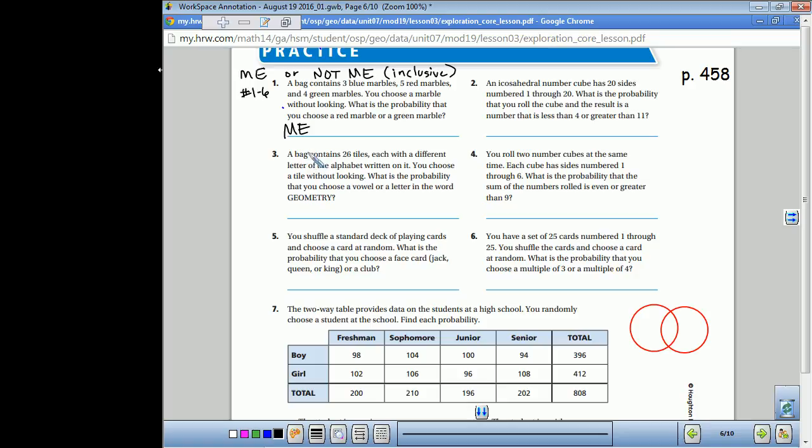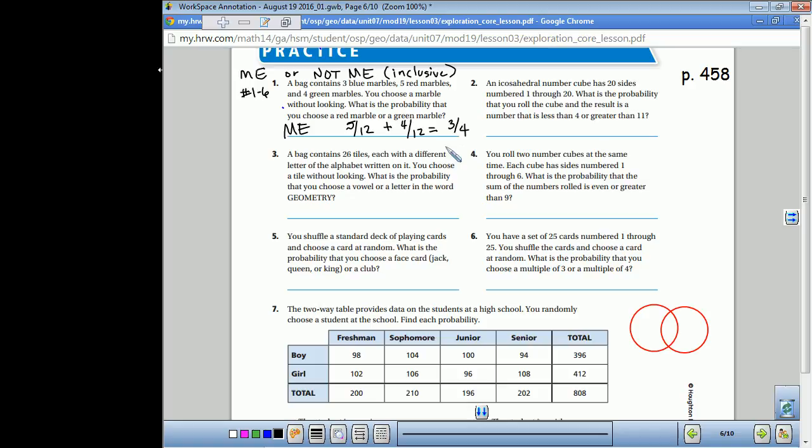No. So, it cannot happen at the same time, right? And when it cannot happen at the same time, they are mutually exclusive. So this would be 5/12 for the red, plus the green is 4/12. So that probability would be 9/12 or 3/4.